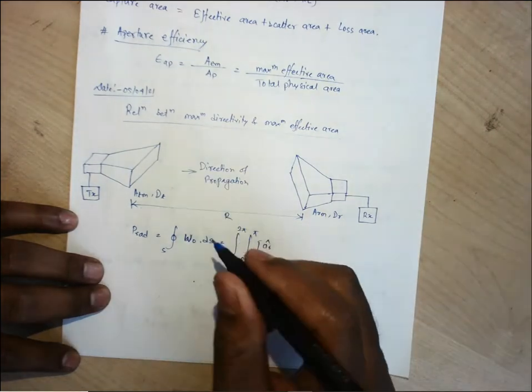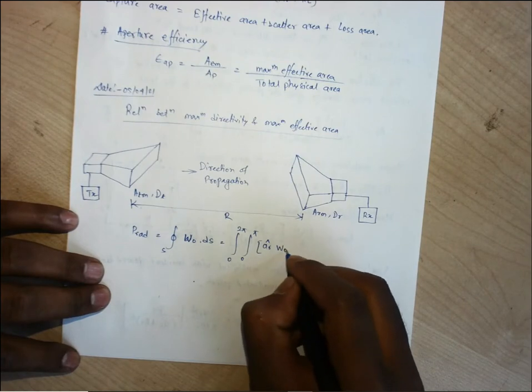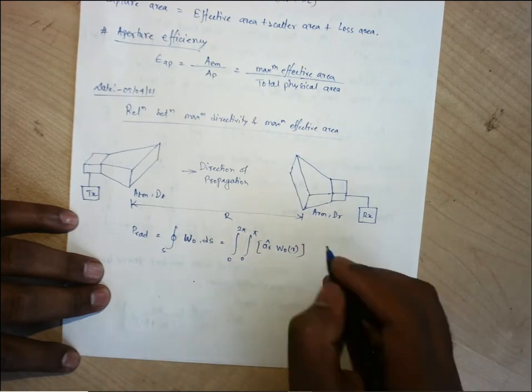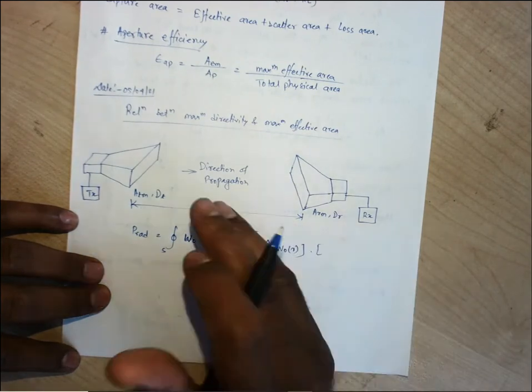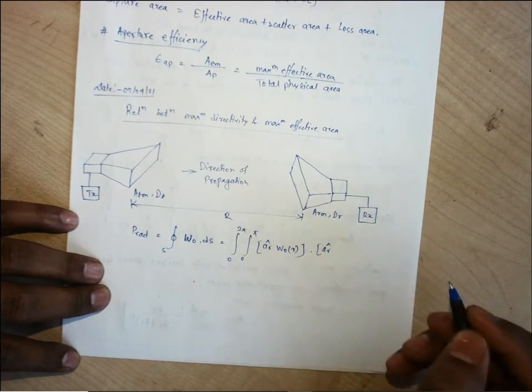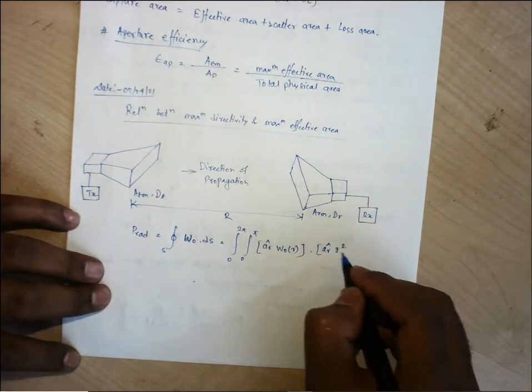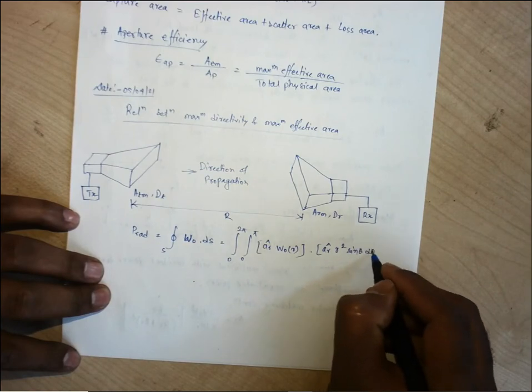For a spherical structure it is radially outward and a function of r. And what is this ds? It is the incremental surface area, in the direction of a_r only. So it is r square sin theta d theta d phi.